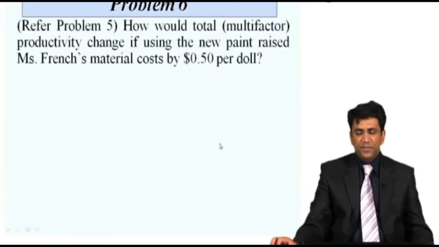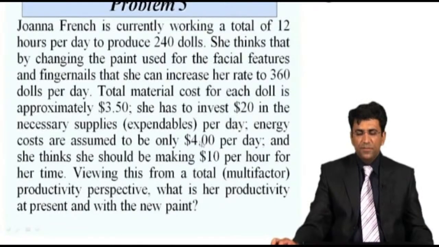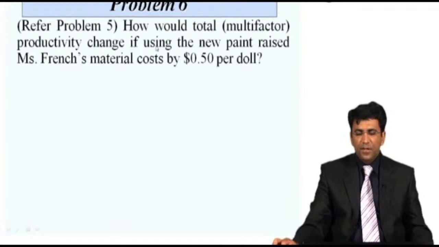There is another problem, students. If we refer to problem 5, this is the problem we just referred. How would total multi-factor productivity change if using the new paint raised Miss French's material cost by $0.5 per doll?